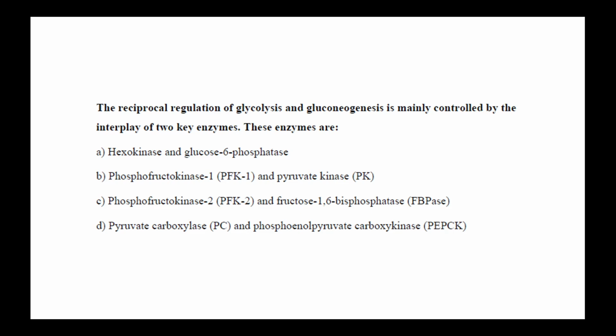The reciprocal regulation of glycolysis and gluconeogenesis is mainly controlled by the interplay of two key enzymes. What are these enzymes? Option A, hexokinase and glucose 6 phosphatase. Option B, phosphofructokinase 1, that is PFK1, and pyruvate kinase. Option C, phosphofructokinase 2 and fructose 1,6 bisphosphatase.